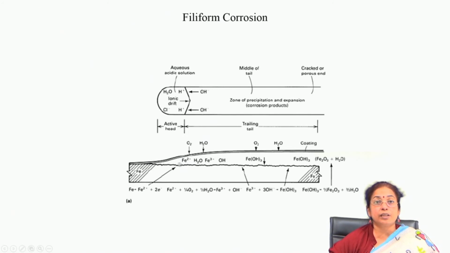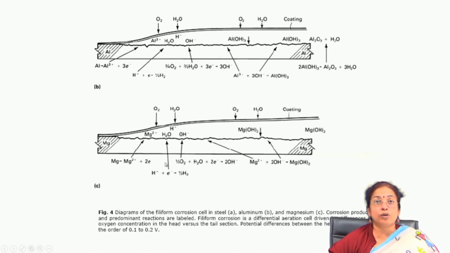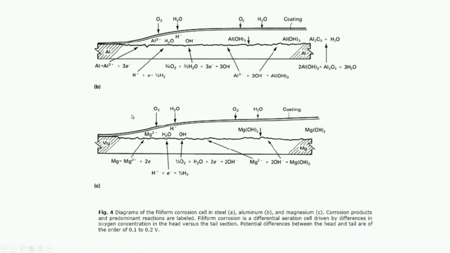This proceeds in a tubular fashion, and you call it filiform corrosion. When you look at the surface, the filiform appearance is a tubular, zigzag zone on the surface.